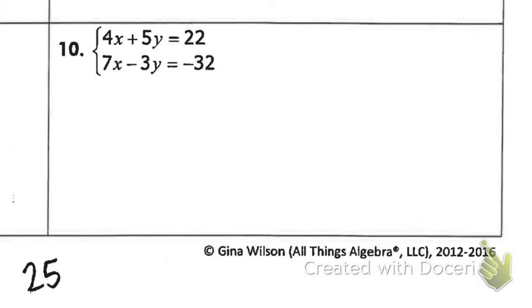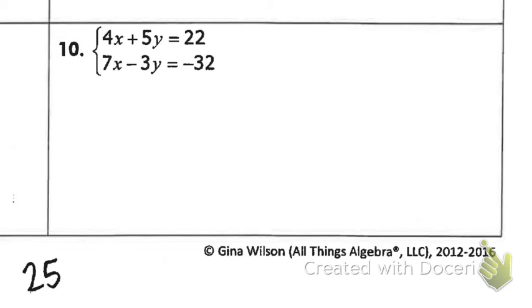Which variable do we already have that has opposite signs? Right, we have a positive 5y and a negative 3y. I would go ahead and just multiply the y's, because then you don't have to worry about changing any other signs. What can we make 5 and 3 become by multiplying? What's the number they both multiply to?